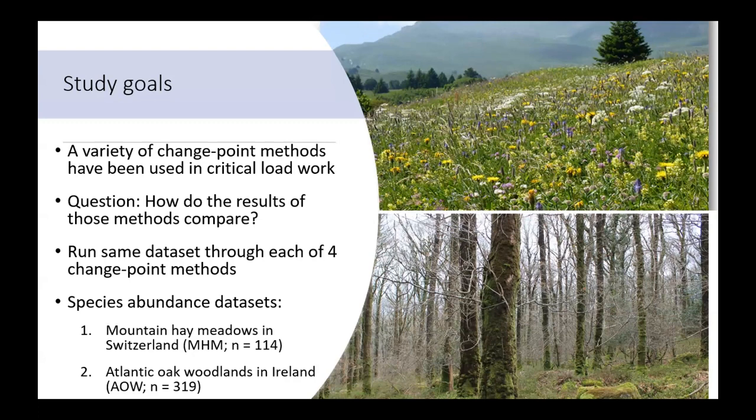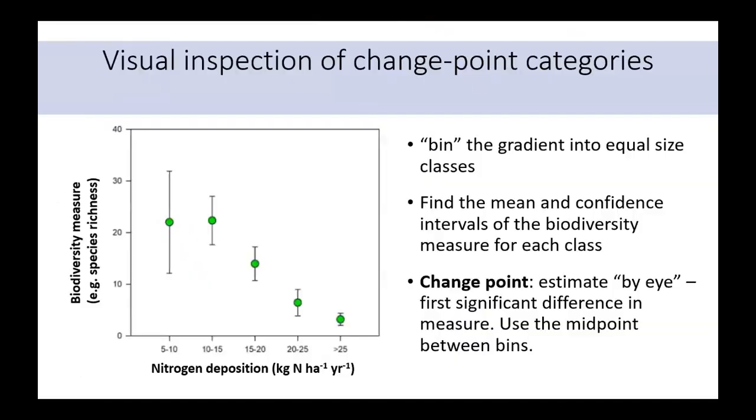In addition, we are interested to see, do we need to include all our species? So what does the change point look like if we look at all the species? Compared to what if we just pull out a subset of species and we just run those? Do we get the same change point for less work, or do we get a different change point? What does that do? So for the next few slides, I'm going to very briefly describe the 4 statistical tools we use to identify our change points.